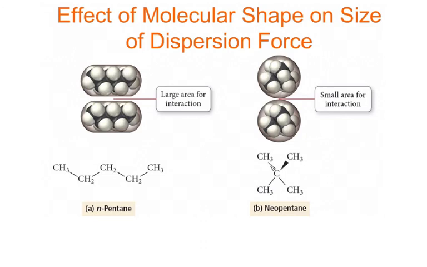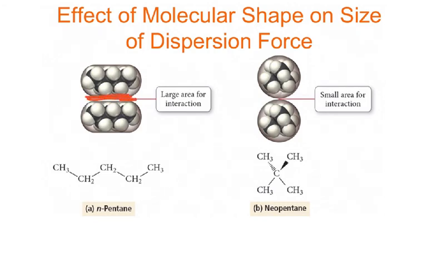You'll see we have two molecules here that have the exact same molar mass. Pentane and neopentane are isomers of each other. Pentane is the straight chain form. It has 5 carbons. And neopentane also has 5 carbons, but it's branched. So if you want to separate the two pentanes, look at all this contact here.